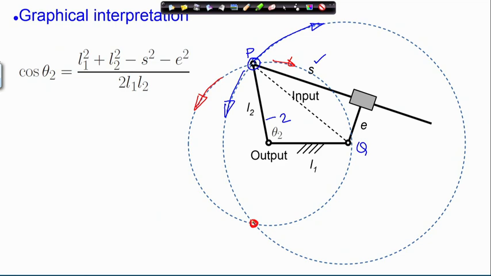Now, the other configuration, in order to understand that, you can very easily see that this link 2 will obviously come here.